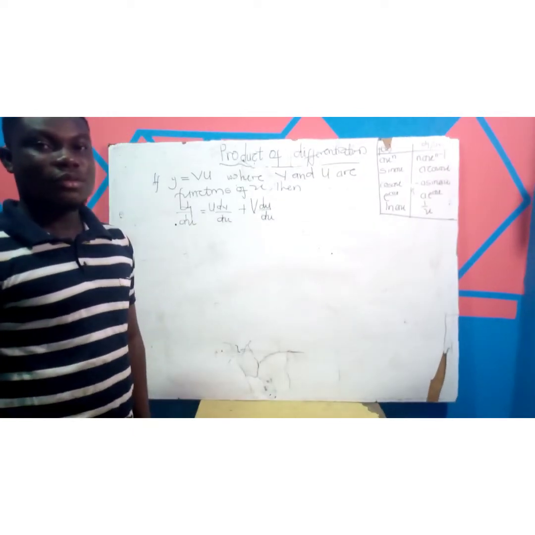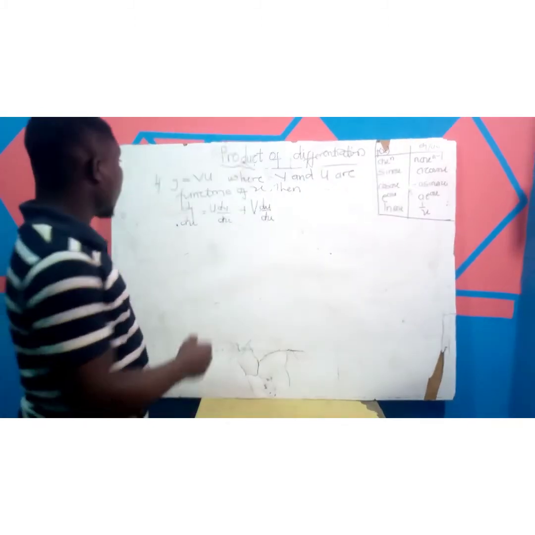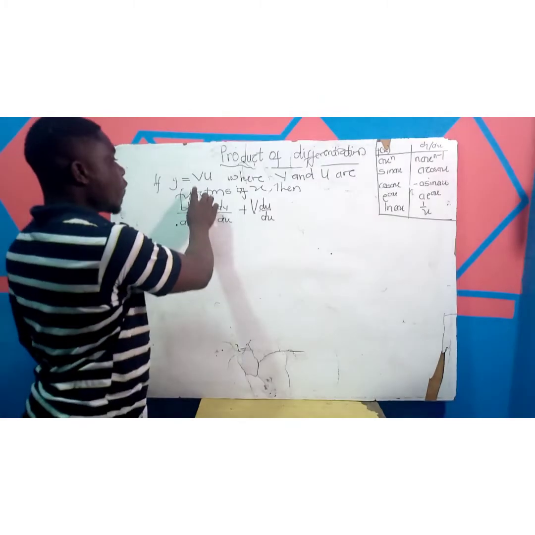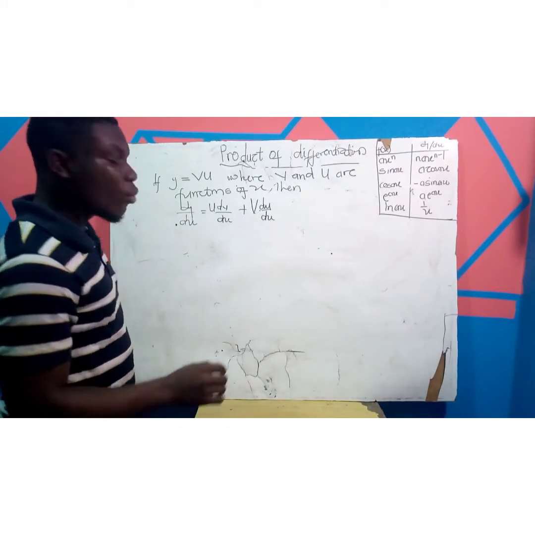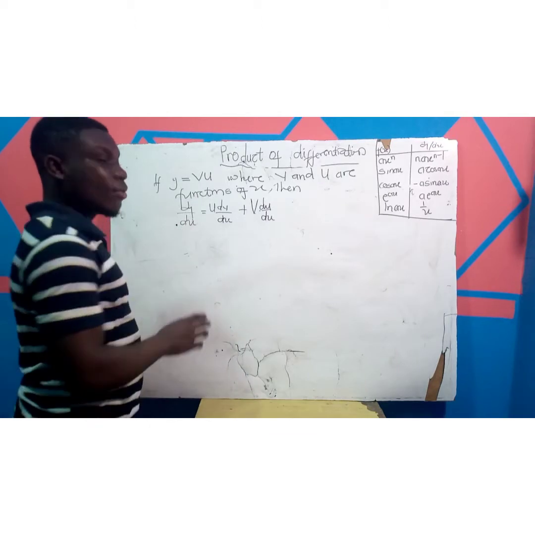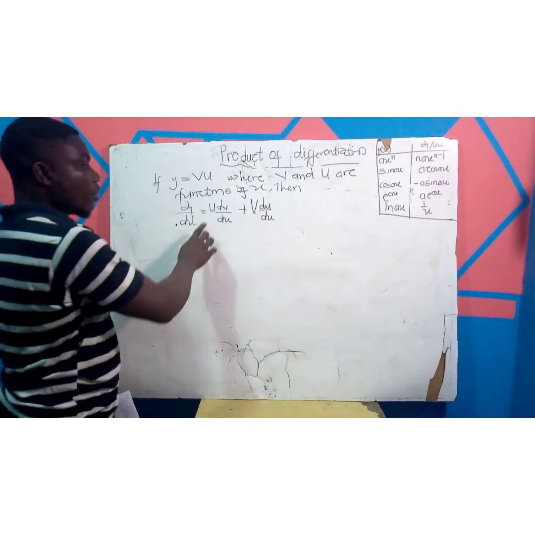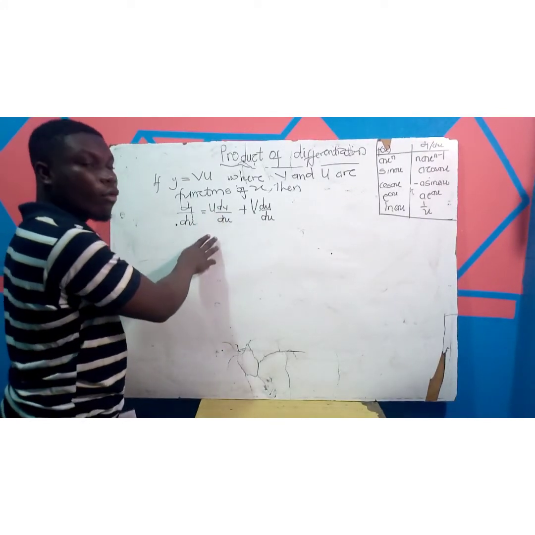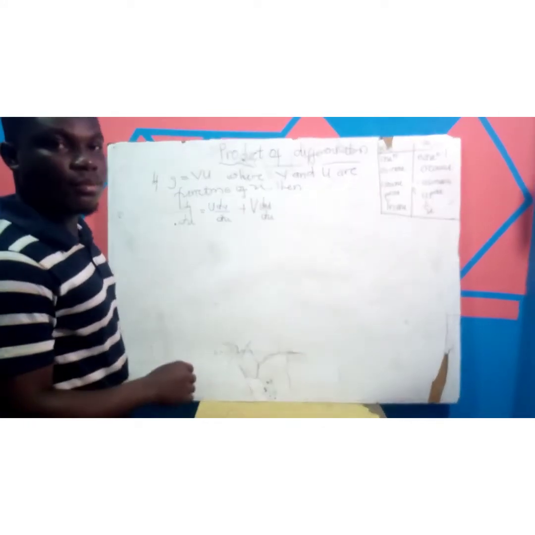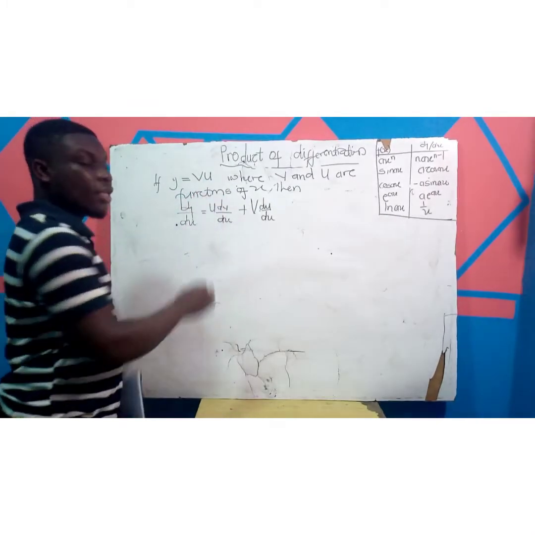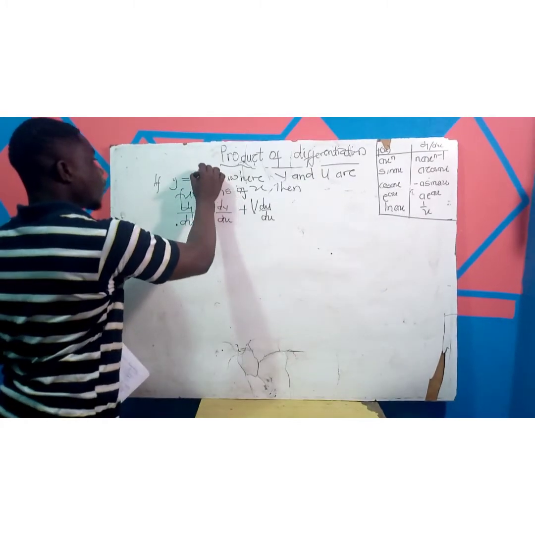Product of differentiation. Under product of differentiation, let's look: if y is equal to vu, where v and u are functions of x, then when we differentiate y with respect to x, dy/dx is equal to u dv/dx plus v du/dx. Now u and v are in this form, in bracket form.